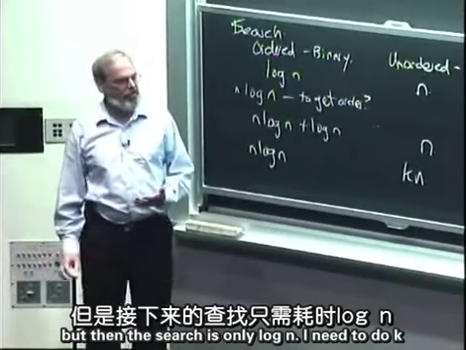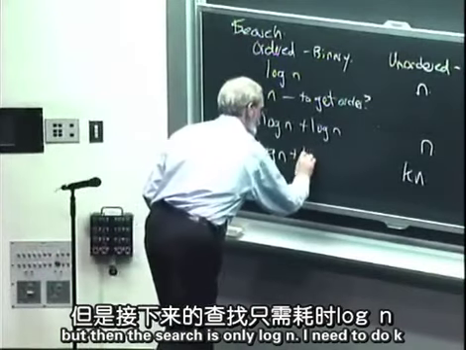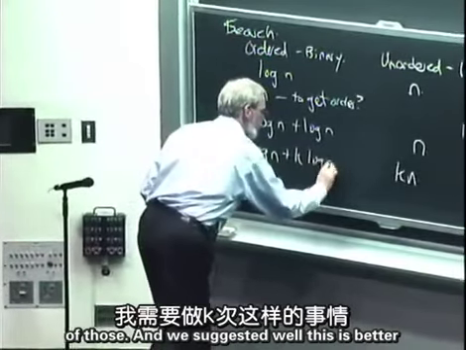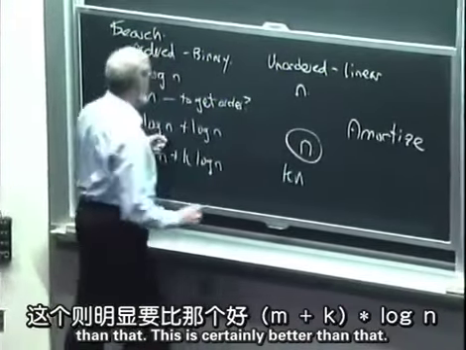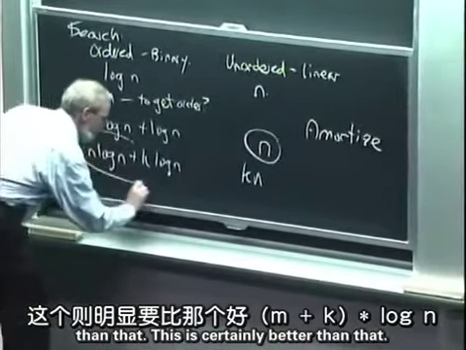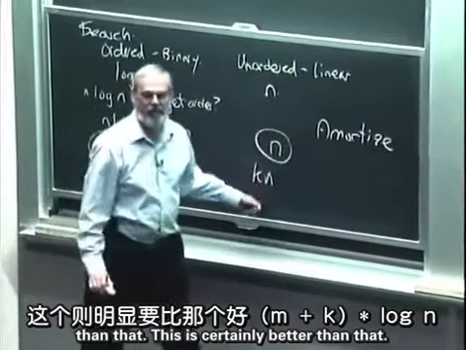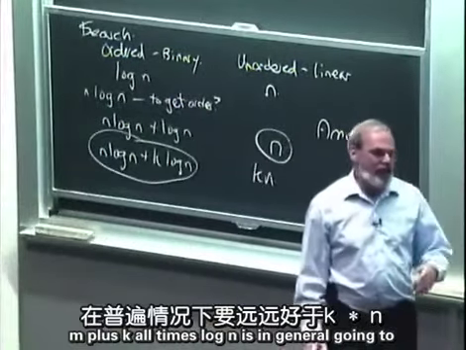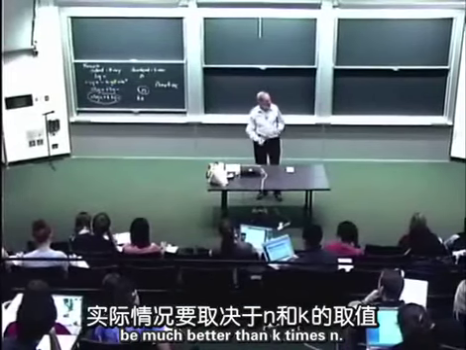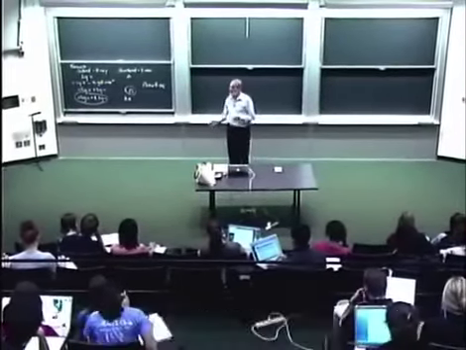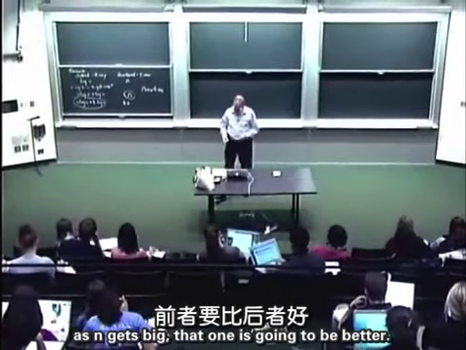But then the search is only log n, and I need to do k of those. And we suggested, well, this is better than that. This is certainly better than that. N plus k all times log n is in general going to be much better than k times n. Depends on n and k, but obviously as n gets big, that one's going to be better.